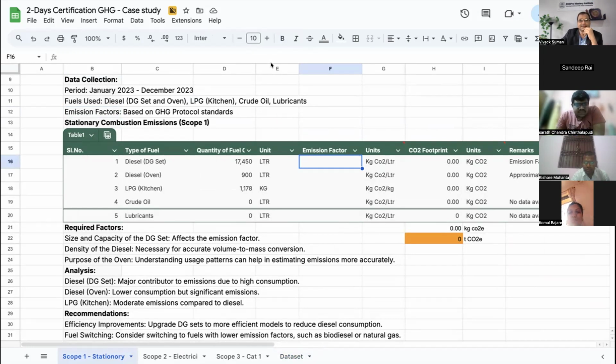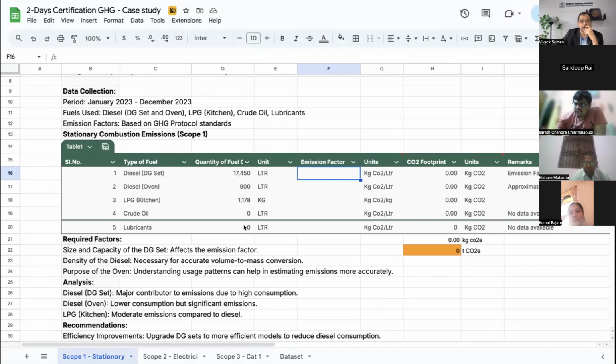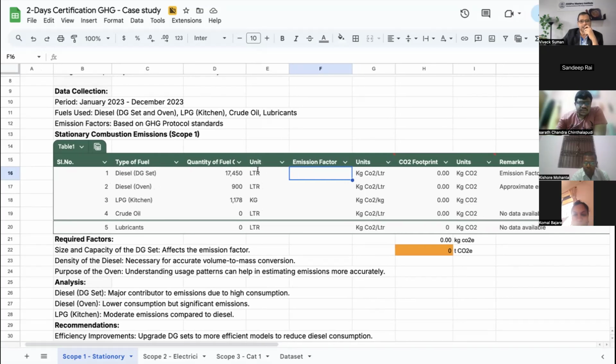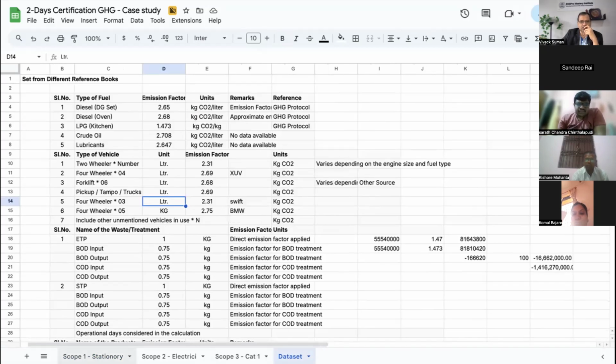Others, please go ahead. Okay. Another person also gives me 2.65. But I see in the data set there is 2.68 as well, and both are diesel. My question to you is why?